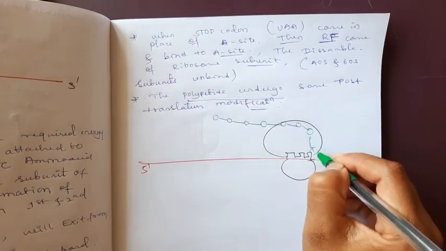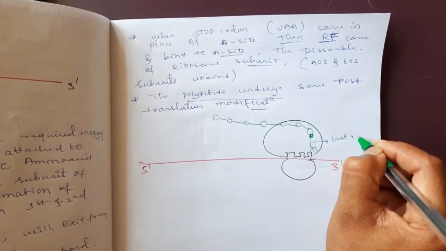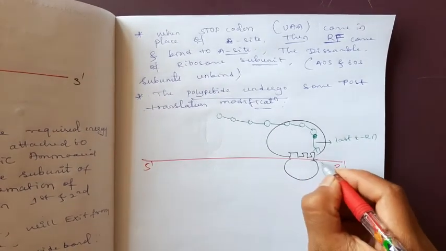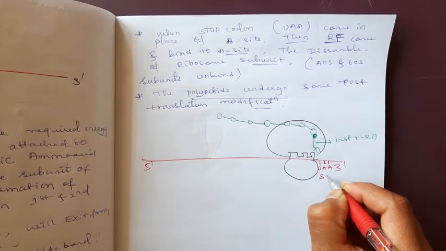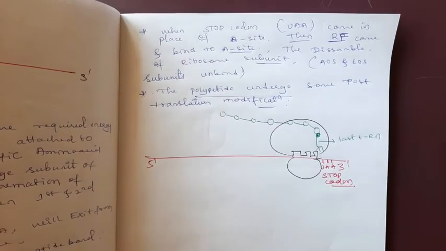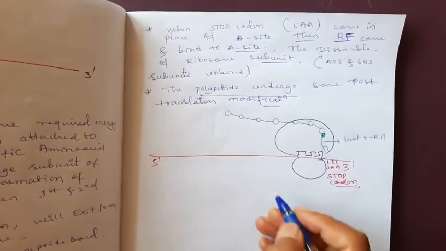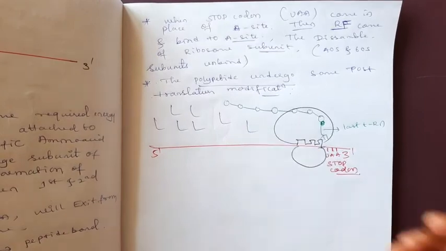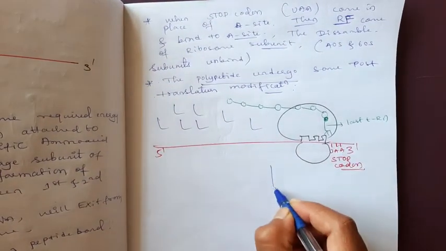Consider this is the last tRNA. Okay, here UAA stop codon. Okay, this time the uncharged tRNA will leave the place. When the UAA comes, next diagram I will draw.